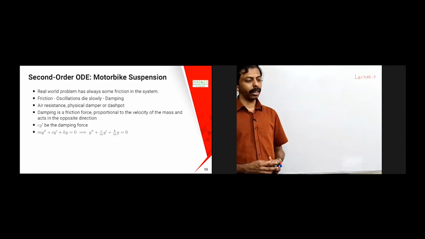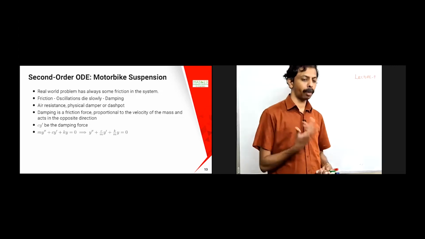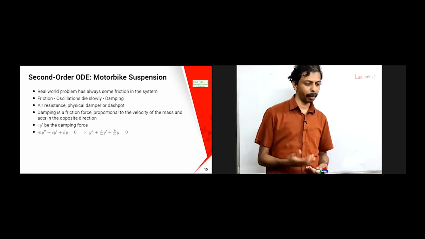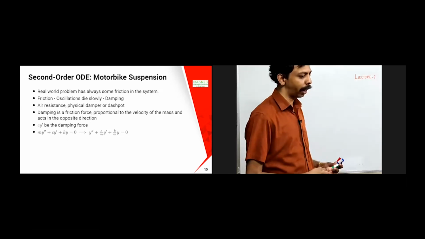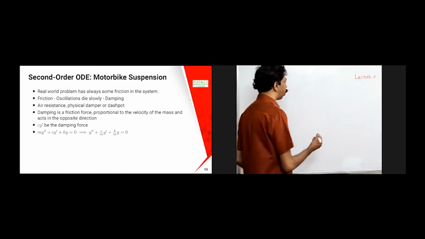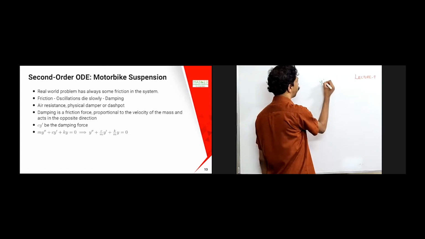So what is damping? Damping is a friction force which is proportional to the velocity of the mass, and acts in the opposite direction. So in that case, you are going to have y dash. I already mentioned y dash is the velocity.